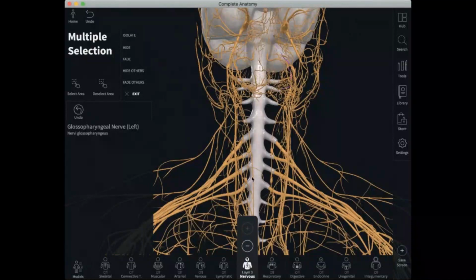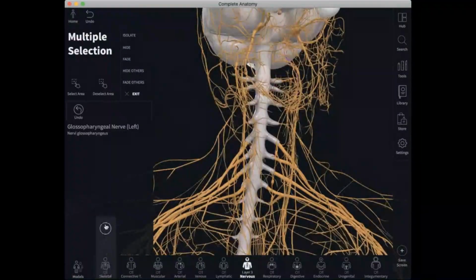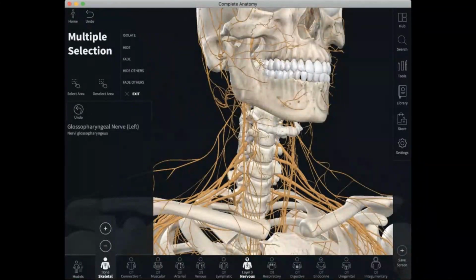This vagus nerve is supplying the organs of the respiratory system, the circulatory system, the digestive system, the urinary system, and the reproductive system.